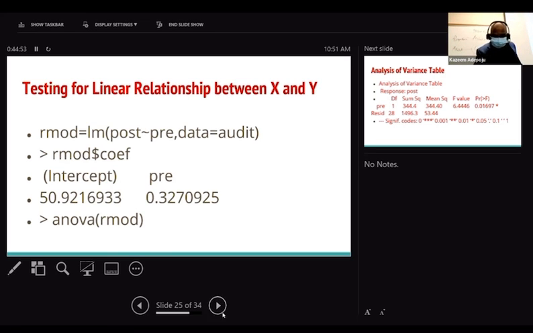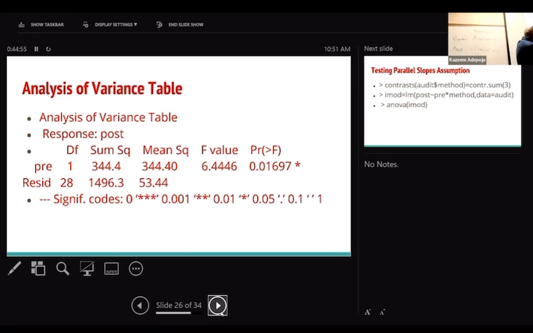Now, let's see what happened to the pre. It is significant. Because of that, I'm going to incorporate the covariate into the analysis of variance. Incorporating a covariate into analysis of variance, it becomes analysis of covariance. Now, this is a justification.